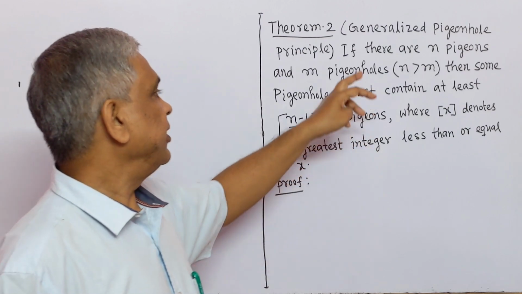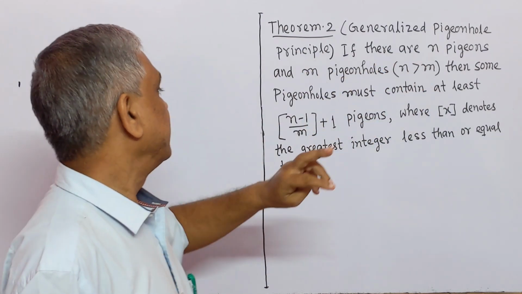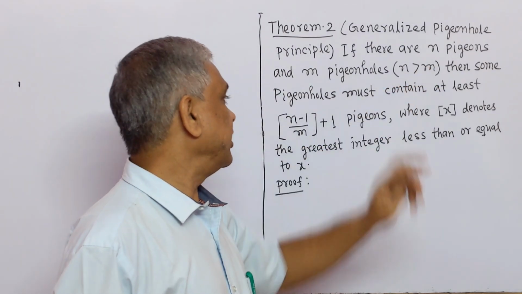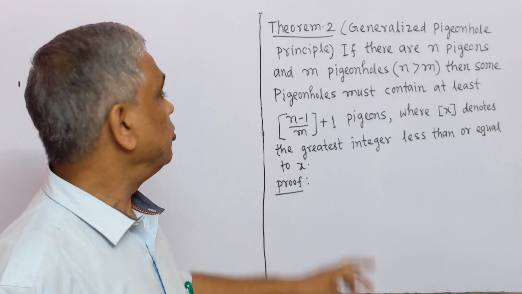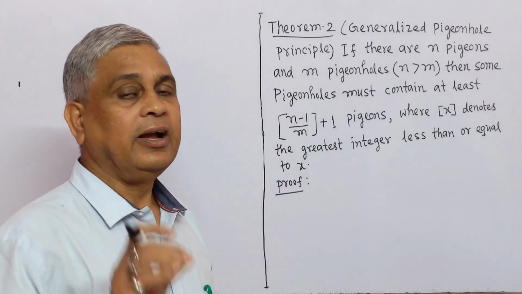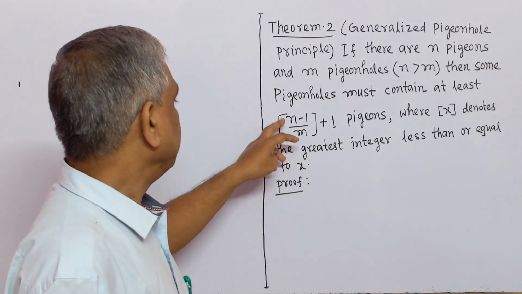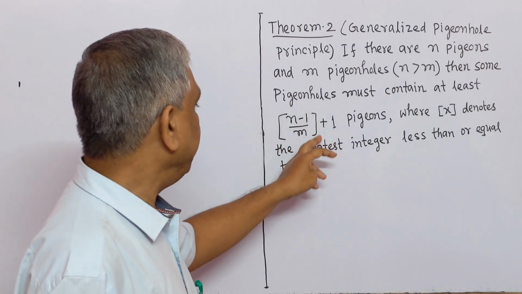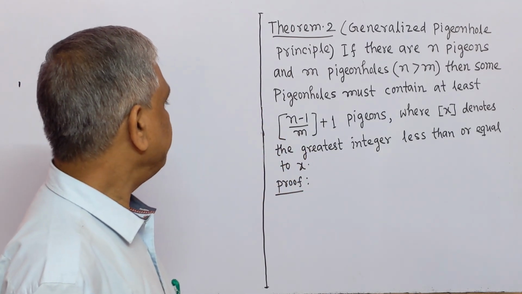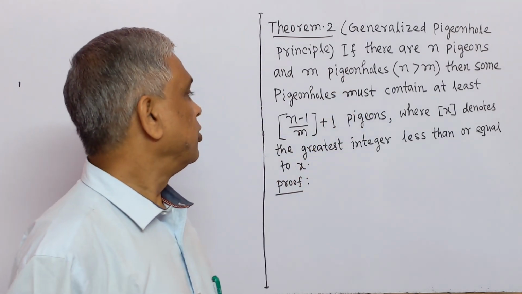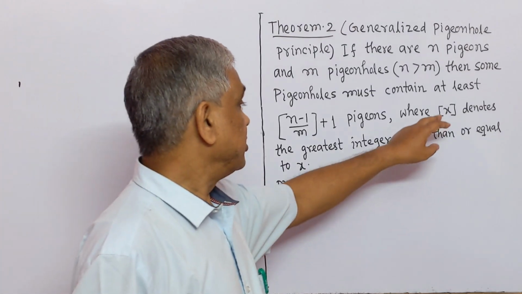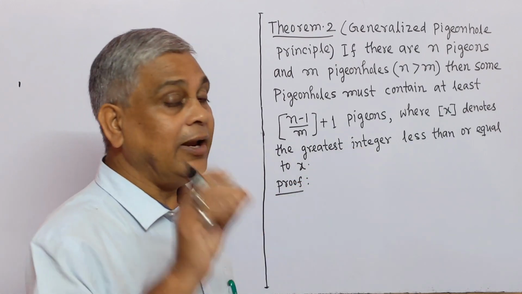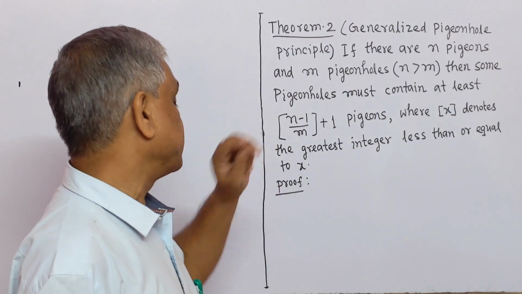Statement: If there are n pigeons and m pigeonholes where n is greater than m, then some pigeonholes must contain at least floor of (n minus 1) by m, plus 1 pigeons, where the floor bracket of x denotes the greatest integer less than or equal to x.